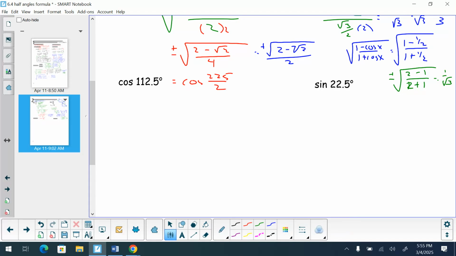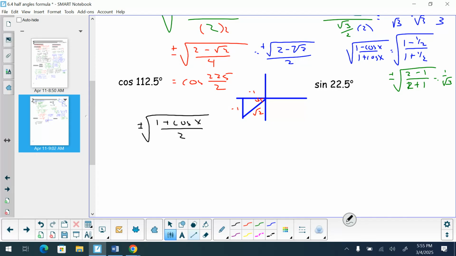Which now we're going to have to do a little bit of work. 225 takes us into quadrant 3. So we can do 225 divided by 2. Cosine is going to give us a plus on top. So we have plus or minus square root of 1 plus cosine of x divided by 2.